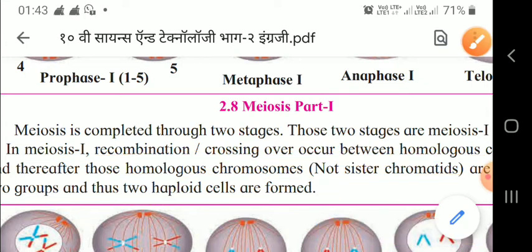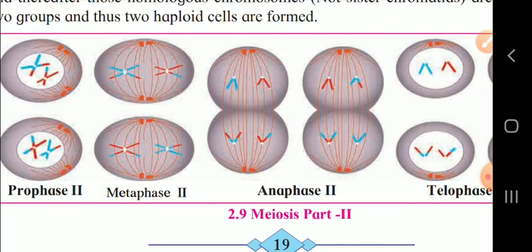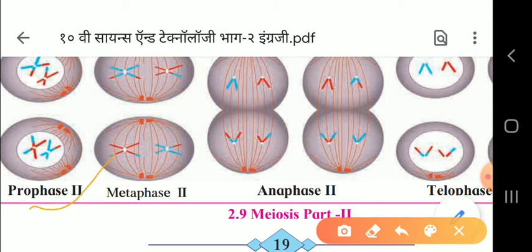Now this is the prophase 2, that means second part of the meiosis. This is meiosis second part. You can see here written, it is prophase 2. You can see now these two cells, this cell and this cell, will prepare themselves for the cell division.